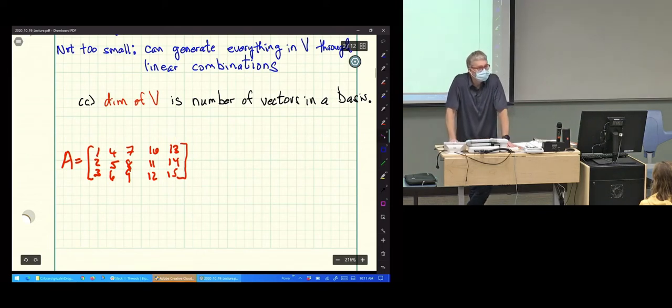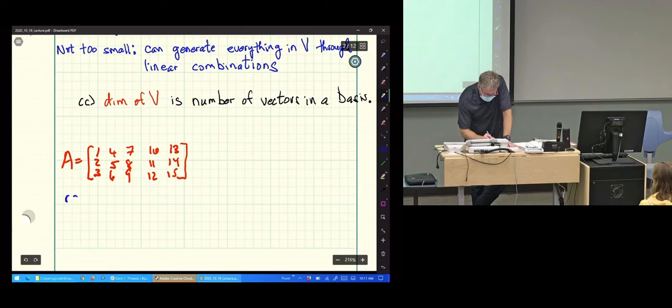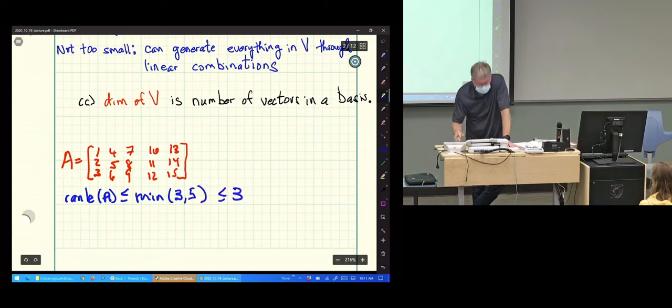Okay, I was ambitious. 5 columns. Can they all be linearly independent? And the answer is no, because the number of linearly independent columns is less than or equal to the minimum of the number of rows, which is 3, and the number of columns, which is 5, so it's less than or equal to 3. So you can find potentially 3 linearly independent columns, but you can't find 4.